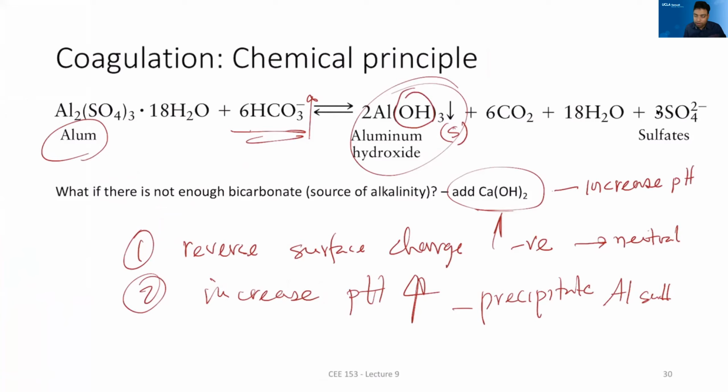And that OH ion is naturally present if your pH is high. If not, then you have to add it, Ca(OH)2. So this OH is going here. And you'll learn that more when we discuss hardness in the next class. But here, just know that all you are doing is increasing the pH.